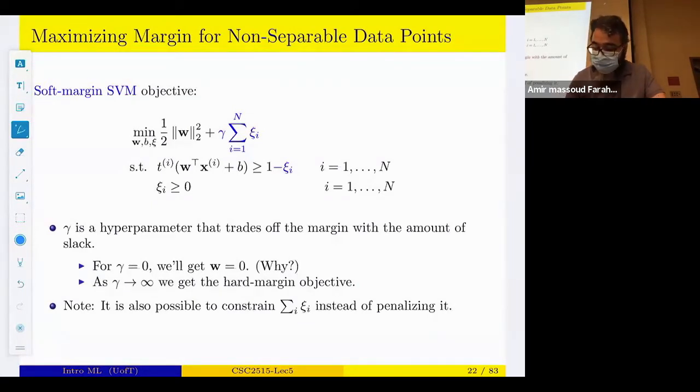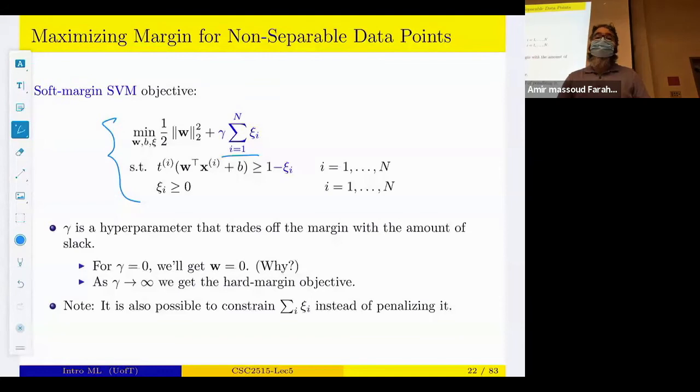So the difference from before is that after doing manipulations like before, where we start from C and then set C to be 1 divided by the norm of W, we get an optimization that looks like this, which minimizes the norm as before, plus this new term, which is the sum of slack variables multiplied by some positive constant gamma.